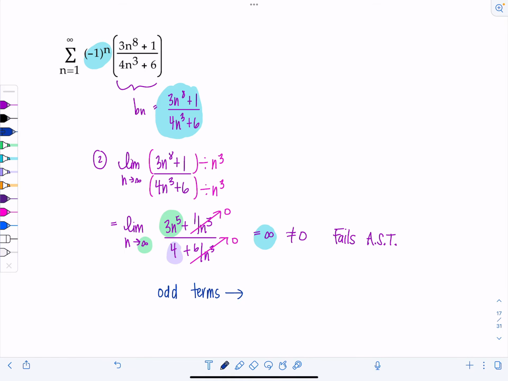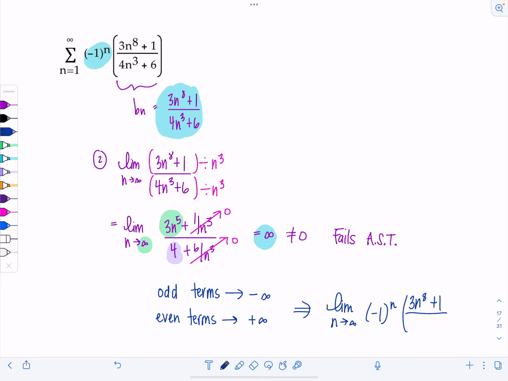So they're approaching negative infinity. And then the even terms are the ones that are approaching positive infinity, which means the limit as n goes to infinity of the original negative 1 to the n, 3n to the 8th plus 1 over 4n cubed plus 6, that limit does not exist because it's bouncing around the odd terms.